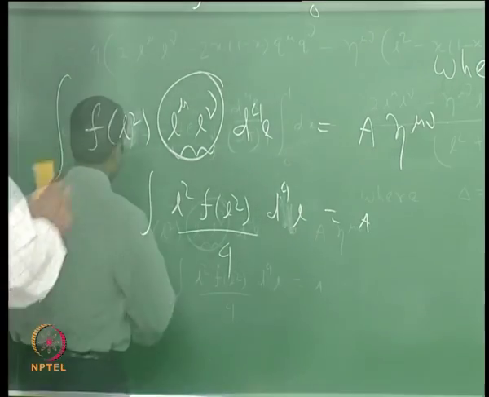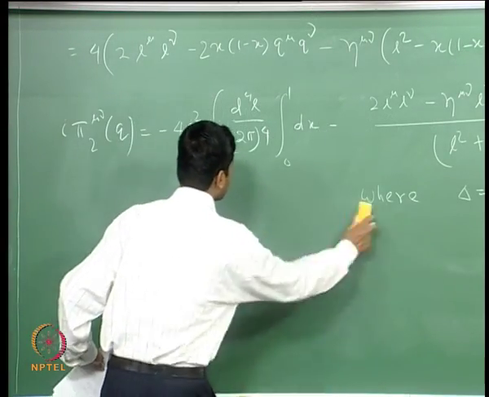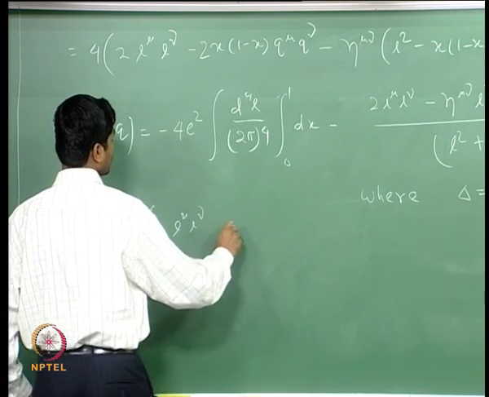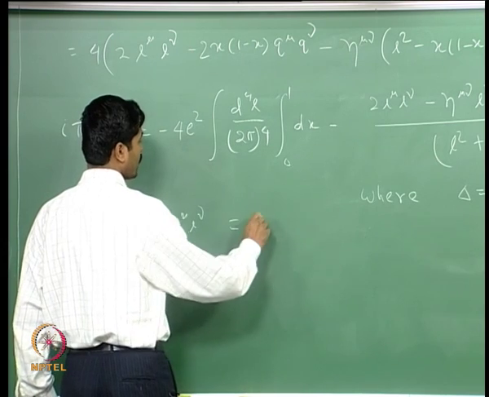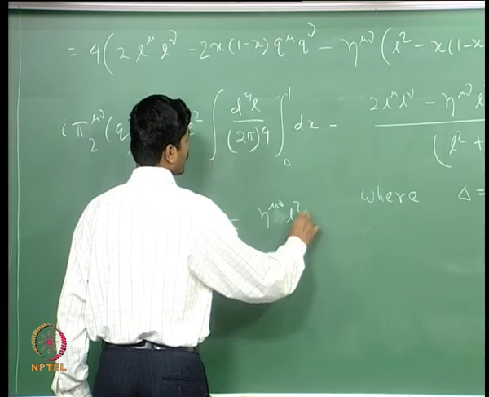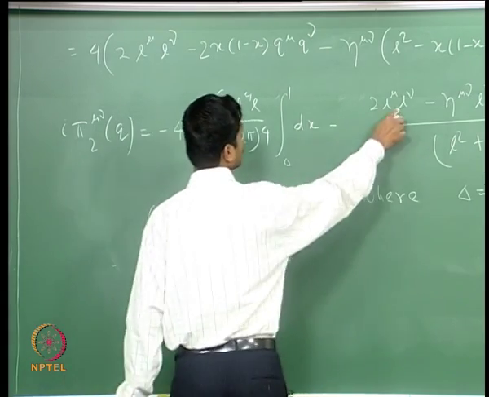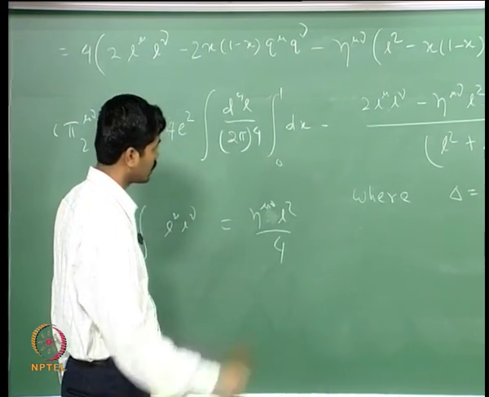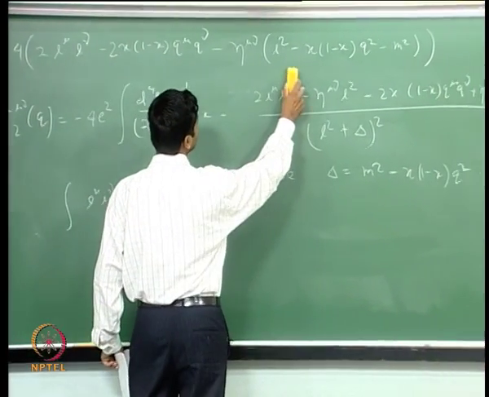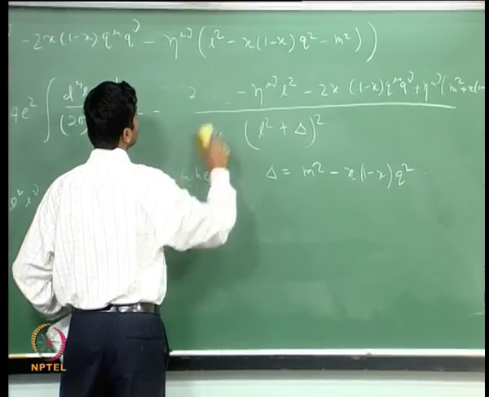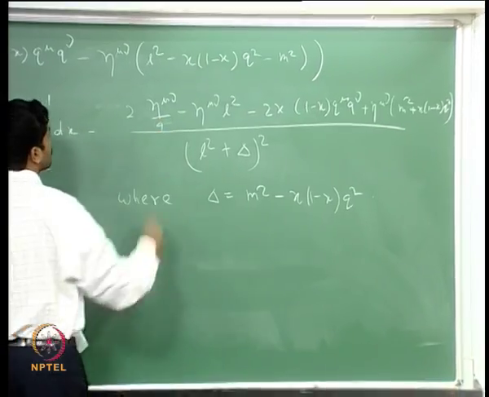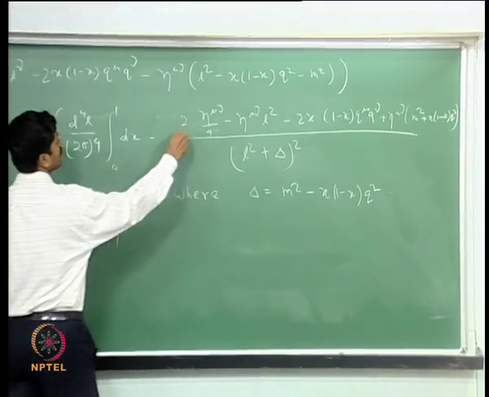Okay. So, this is what you can do. If you have L mu L nu inside the integration, then this is merely given by eta mu nu L square divided by 4. This is what I can use here. So, when I do that, I will simply get eta mu nu divided by 4 times L square.